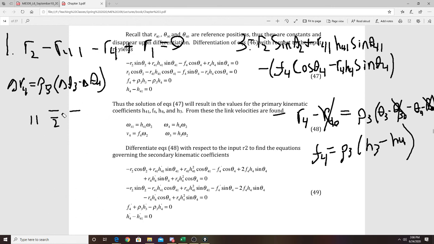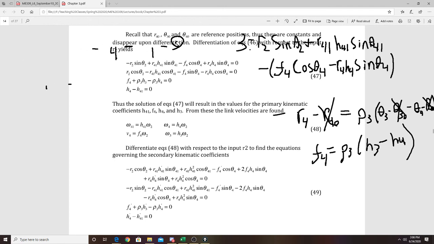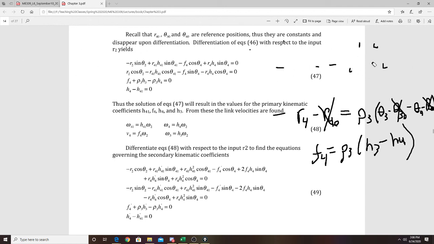So, does everybody see how that works? Essentially you just take the same derivatives that you have been, except you have to do it with your rolling contact and your additional angle equations, right? And then, as you can see, they got it right here. They just like to move things all to one side, but if you move this back to the other side, you would get the same thing, right?